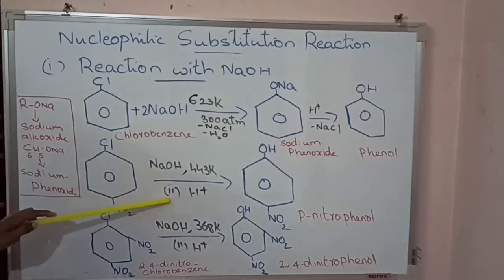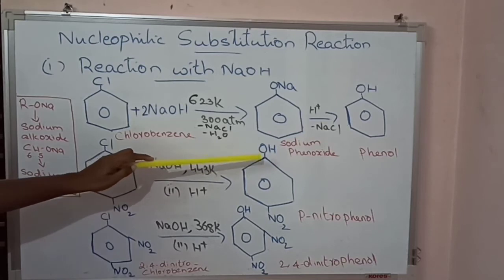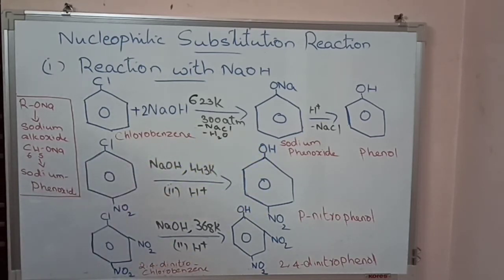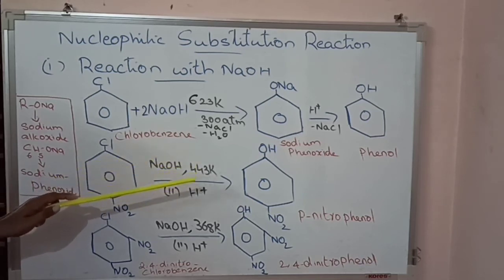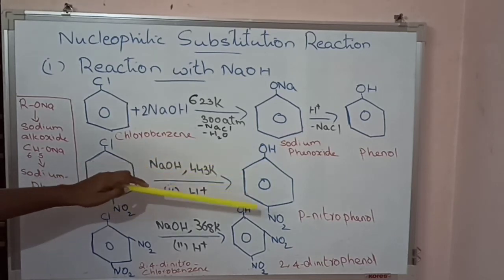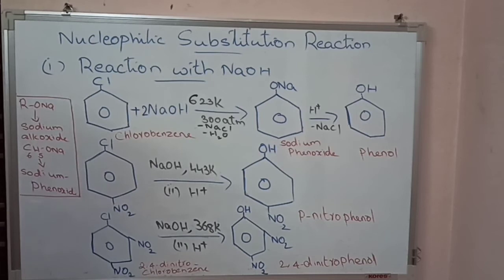Followed by the acidification, you will get para-nitrophenol. Here, an electron withdrawing group is attached at the para position of this chlorobenzene. So here the temperature required is only 443 Kelvin. Followed by acidification, you will get para-nitrophenol.